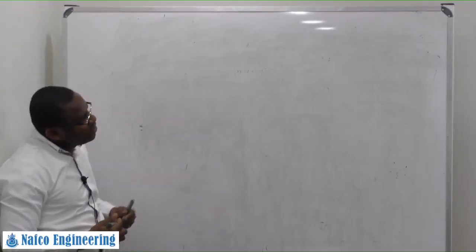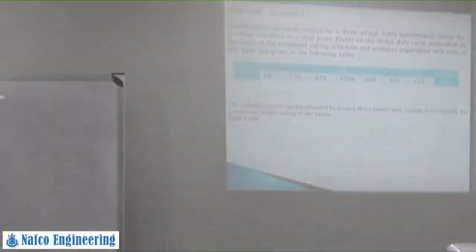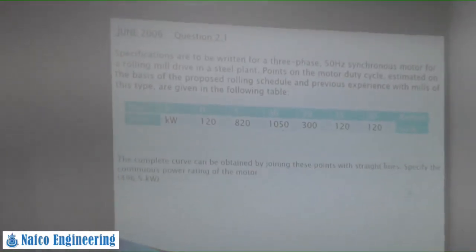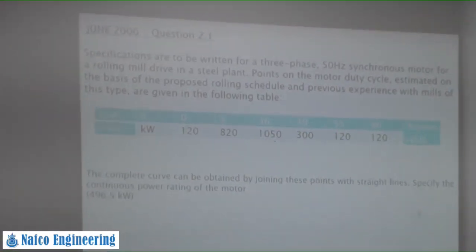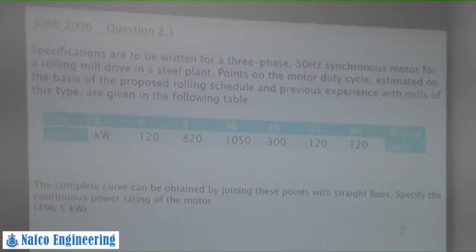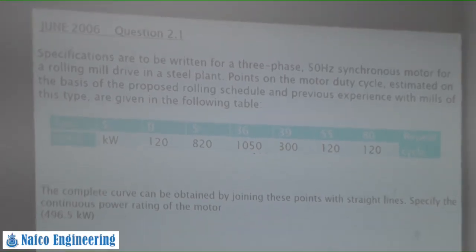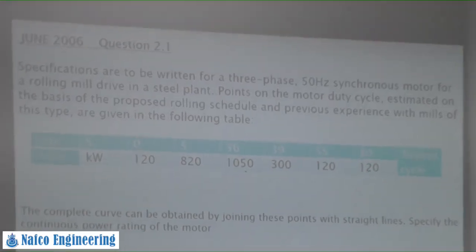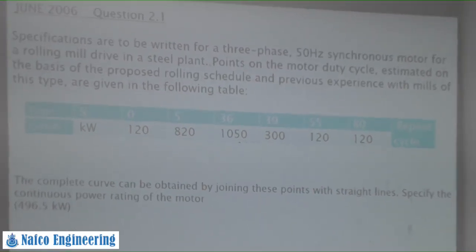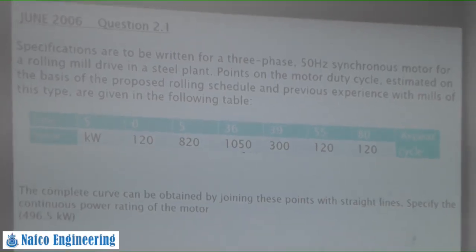All right, so now look at that question. It says specifications are to be written for a three-phase 50 Hz synchronous motor for a rolling mill drive in a steel plant. Points on the motor duty cycle, estimated on the basis of the proposed rolling schedule and previous experience with mills of this type, are given in the table.